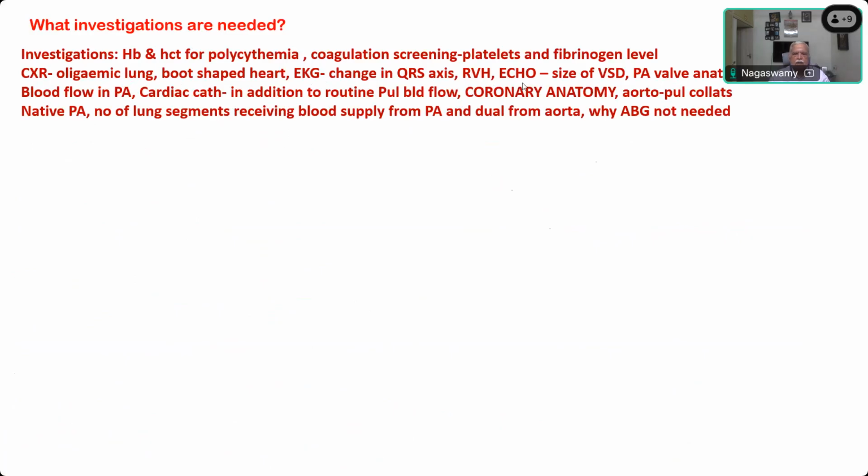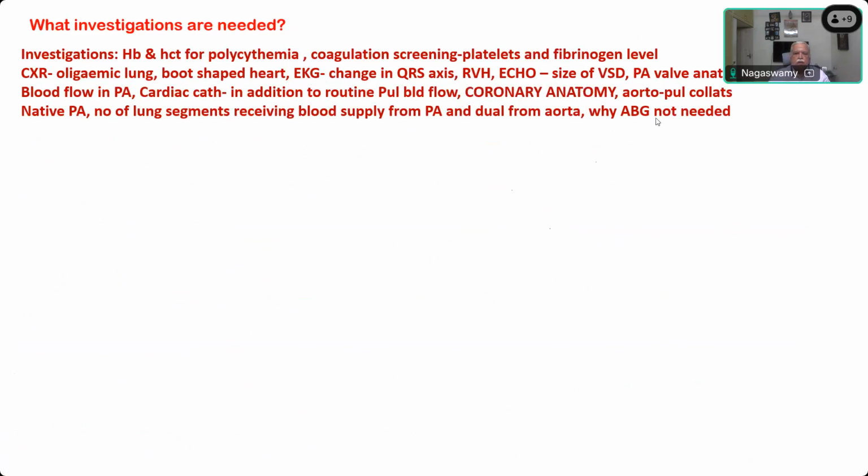Why is coronary anatomy important in these cases? They may have aberrant coronary vessels, because this congenital anomaly is sometimes associated with aberrant coronary anatomy, and if this is not identified before correction, the patient may land up with acute coronary ischemia.